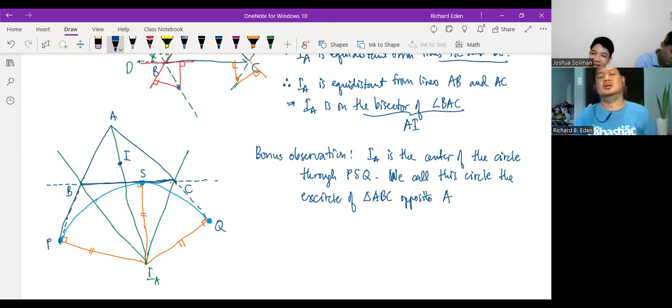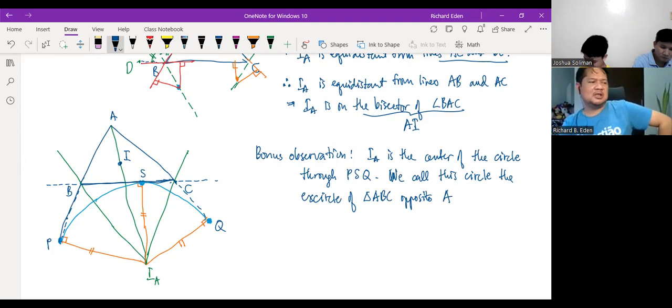Wala po ako nakita other than, I don't see any use for it. Yung wala po ako nakita mga references na nagsasabi may use for it. Other than the fact that it really just exists and there's a proof for it. I mean, actually, ultimately, a lot of these facts are just observations about the reality of these figures. And they are relatively not that very difficult to identify or to observe.